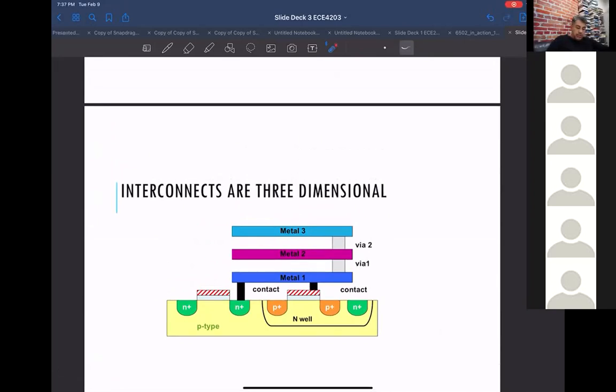Now, interconnects or metal layers and vias, which are the connections between the metal layers, are in the third dimension, so you can stack them on top of each other. And they will not short to each other except where you have these via layers defined. So this part of metal 1 is not shorted to metal 2, although they're drawn right on top of each other.